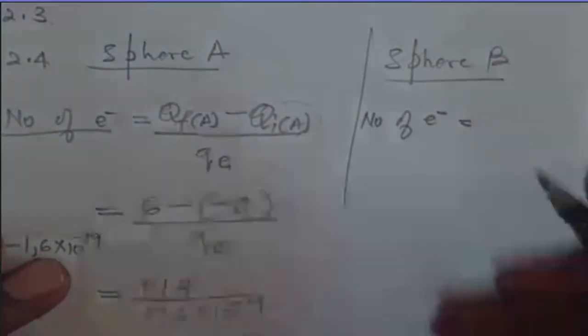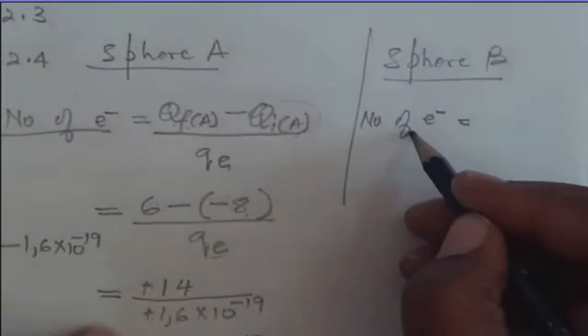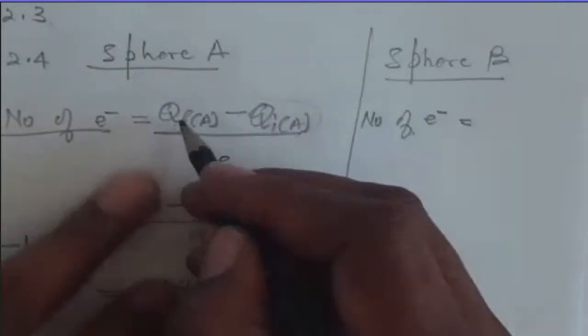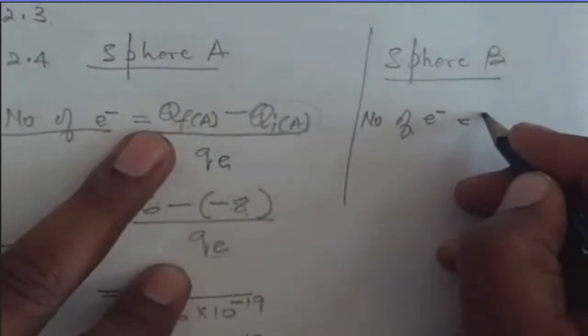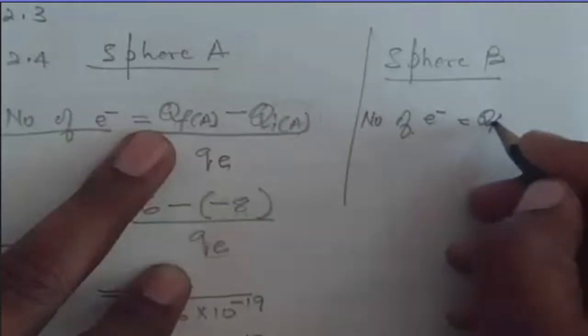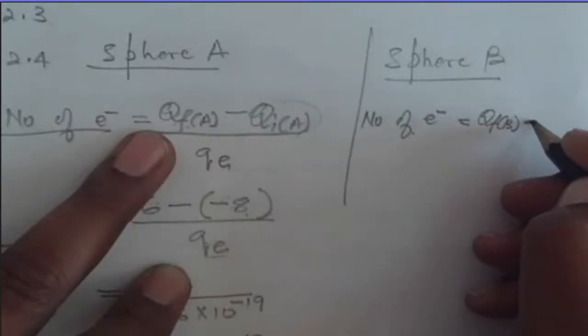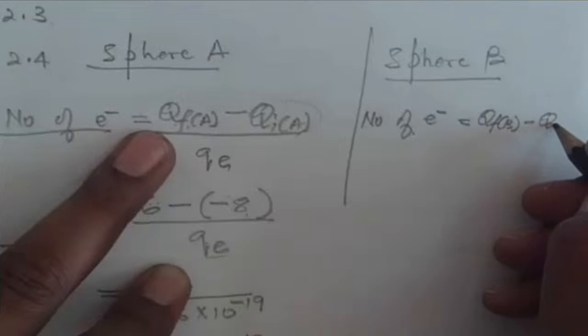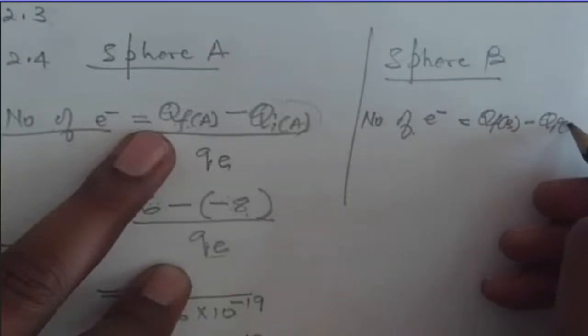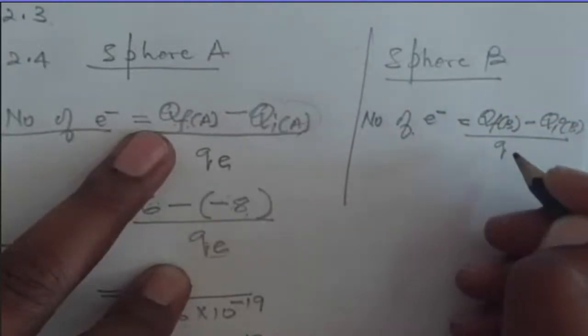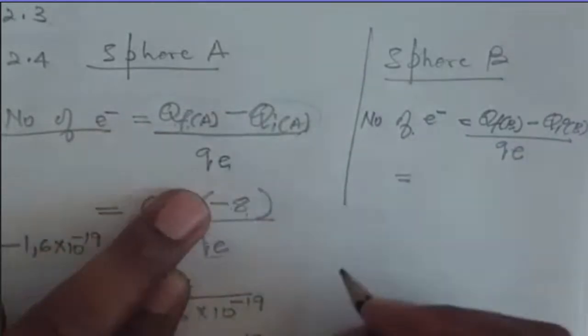Okay, thank you. So the number of electrons that we can take from that side will be Q final for B minus Q initial for B, divided by the charge of an electron.